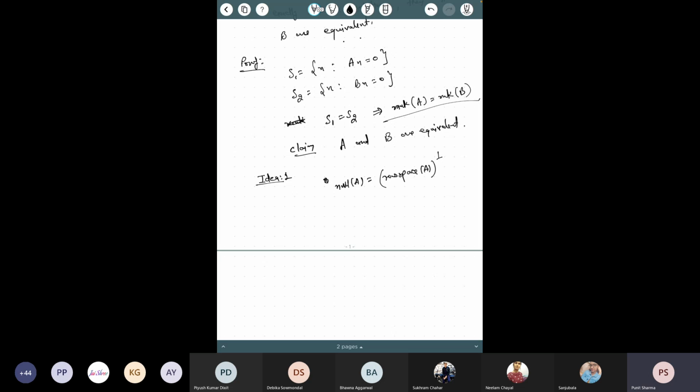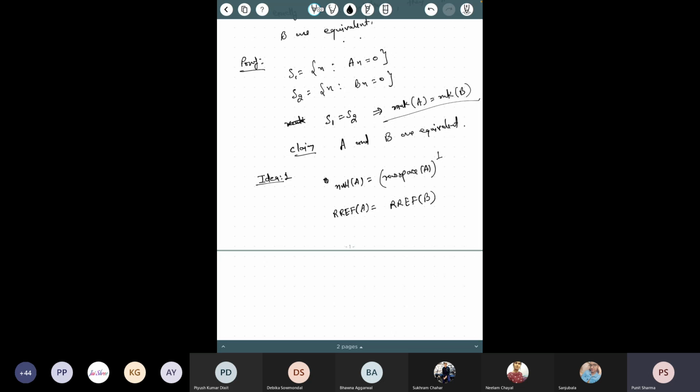Using this statement, one can show that the row reduced echelon form of A is the same as the row reduced echelon form of B. If they have the same row reduced echelon form, that means there is a way to go from A to its row equivalent form, and there is a way to go from B to its row equivalent form using a finite number of elementary operations.